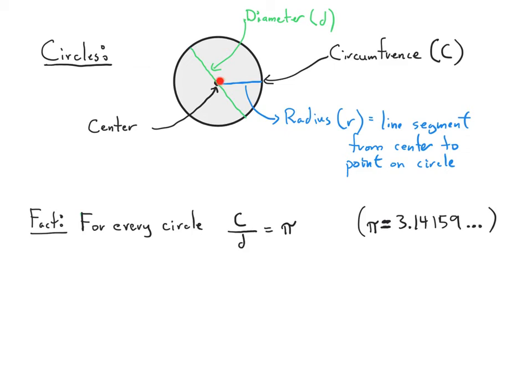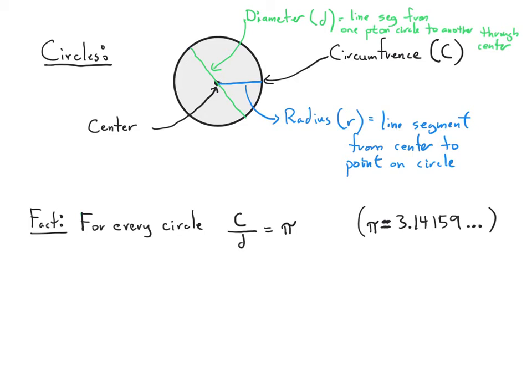And some other parts, of course, there's the center, which we talked about. There's the radius. There's the diameter. So that is a line segment from one point on the circle to another. And of course, the important bit here is that it's through the center.